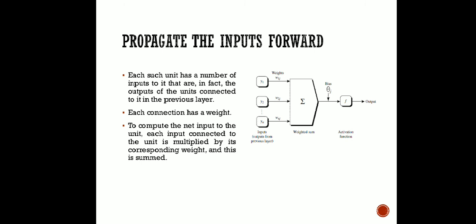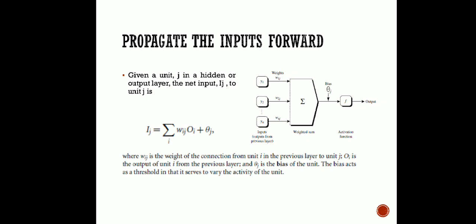Each connection is associated with a weight, and each input will be multiplied by its weight to calculate the weighted sum. Now see here, this is the formula which we follow. For each input unit, for Ij, the net input will be wij multiplied by Oi, where Oi is the output of each unit in the previous layer.